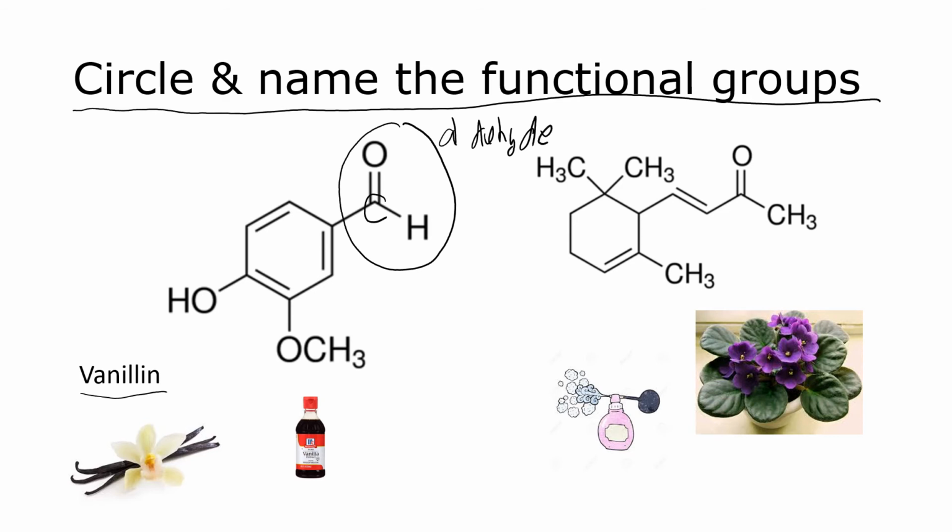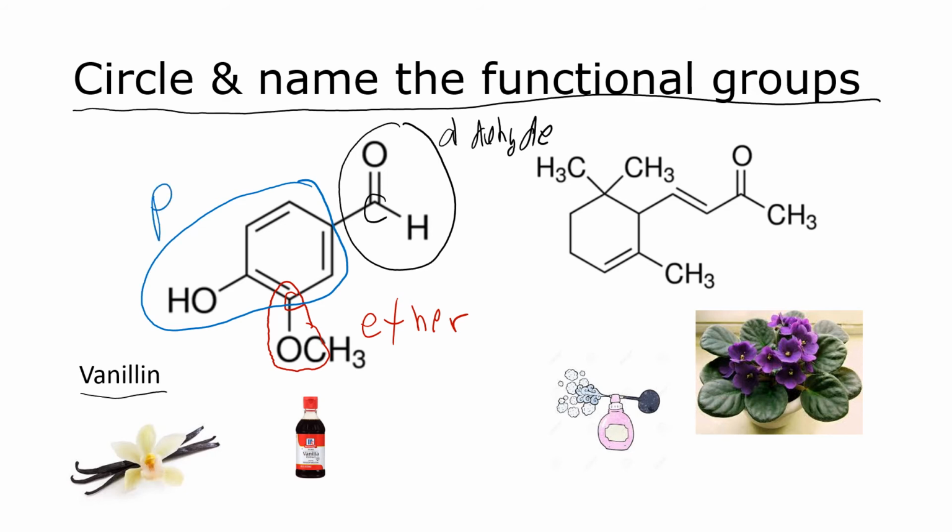And then we previously learned if we have a carbon bonded to an oxygen bonded to another carbon, that makes an ether. And then we have one more functional group in this compound. We have an aromatic compound. So we have a benzene ring that's attached to a hydroxyl group. That is called phenol. So this compound, vanillin, has 3 functional groups. And you know the smell from vanillin is going to be vanilla.